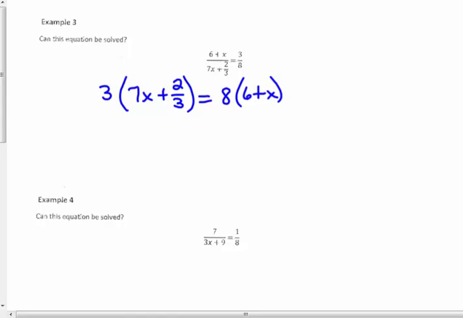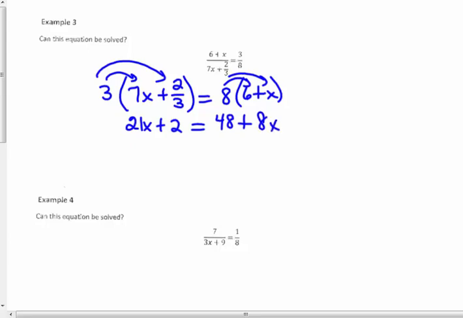Okay, so I'm getting 21x when I distribute here. 3 times 2/3 equals 2 because those 3's cancel, equals 48 plus 8x. Distributing correctly here, the smaller x is the 8x, so subtracting 8x from both sides.